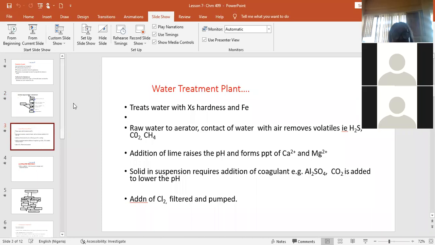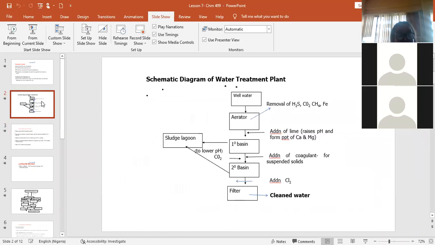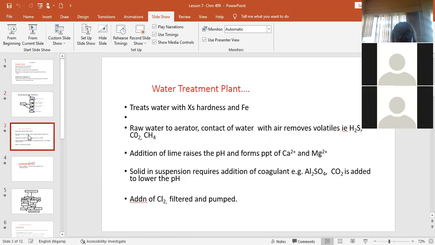So in water treatment, the first thing is your aeration. Then I said you treat water to remove hardness and iron. So the first thing is that your water is aerated.